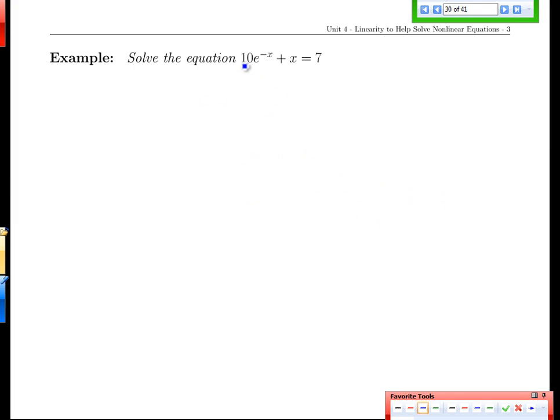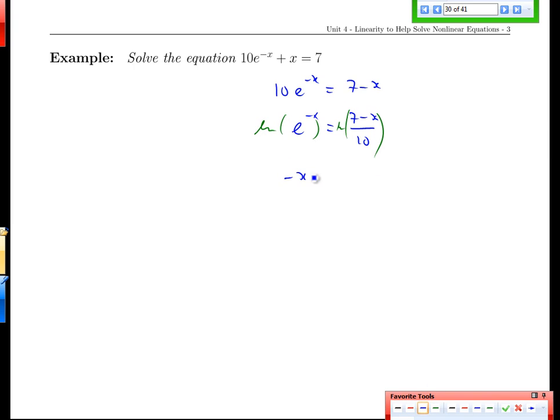How about this one? It's almost the same as the last one, except there's a plus x here. Okay, so let's try the same thing. Let's do 10e to the negative x equals 7 minus x. e to the negative x is 7 minus x over 10. Bring the 10 over. Then we can do ln of both sides.